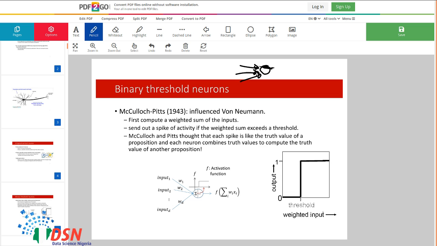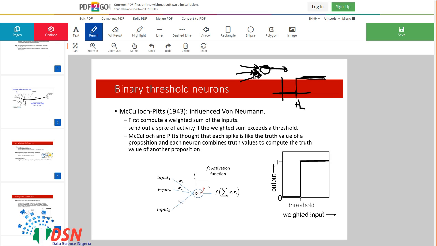When the inputs are less than a threshold, we don't have anything as the output. But when the inputs of the neuron pass a threshold, then we have a spike, or an activation, or a fire from the neuron.